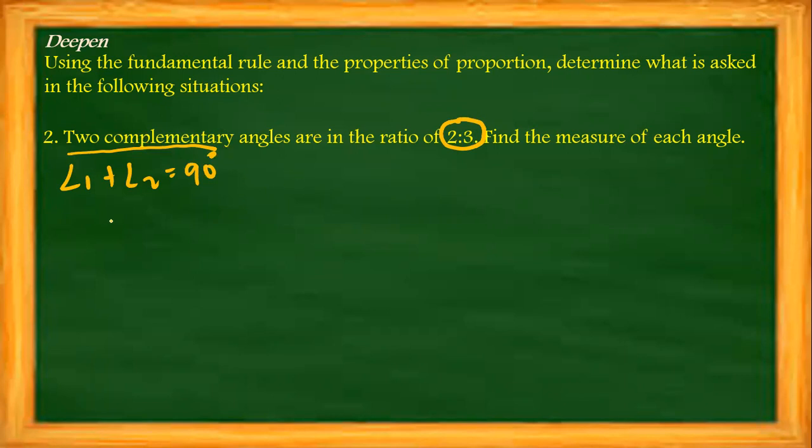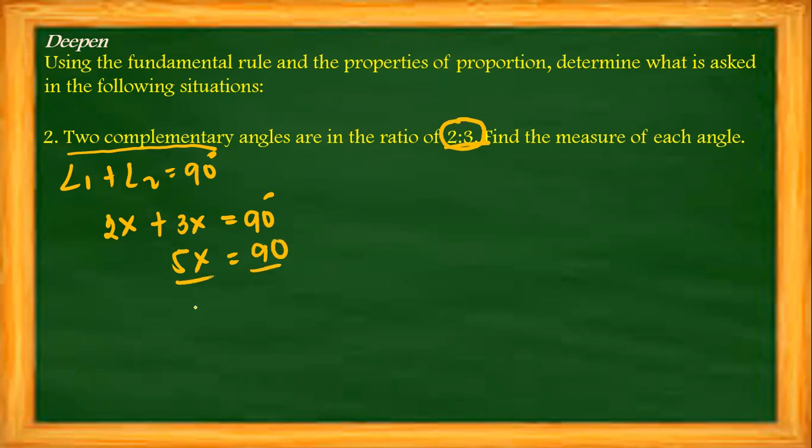So let's assume that the first angle is 2x and the second angle is 3x. Using this ratio 2 is to 3, their sum must be 90 degrees. 2x plus 3x is 5x is equal to 90.